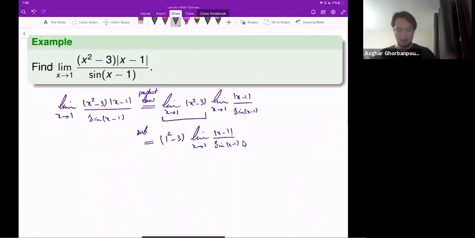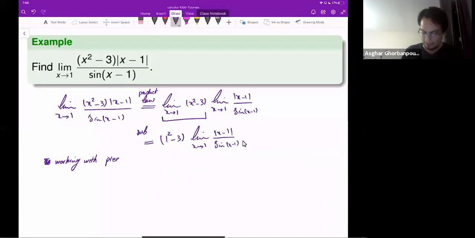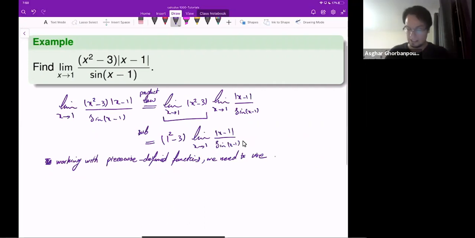So that's the fact: working with piecewise defined functions, we need to use one-sided limits.